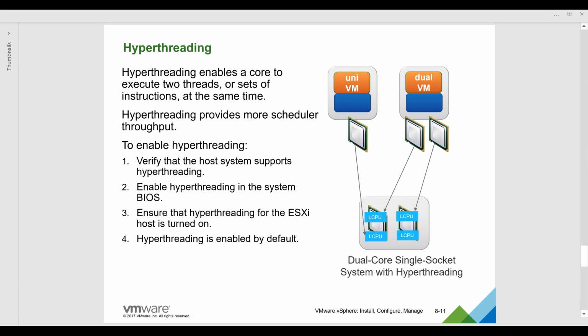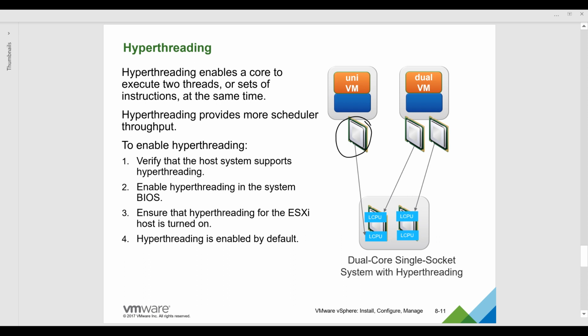And then we talk about hyperthreading. Hyperthreading will enable a core to execute two threads or sets of instructions at a time. So we can have one VM with one CPU, and notice the CPUs have to match up. Like if I had one actual core in one system, I can't give it two CPUs.